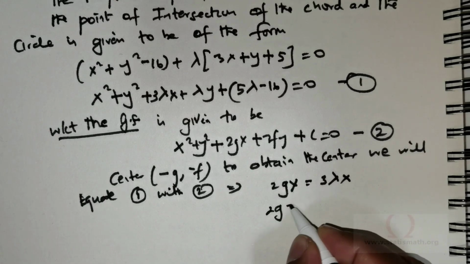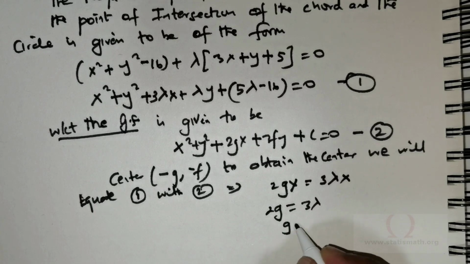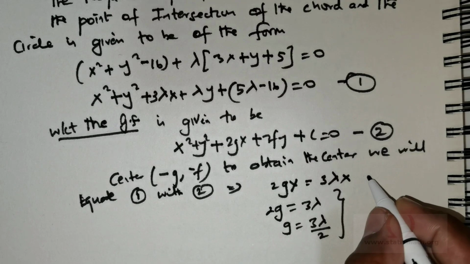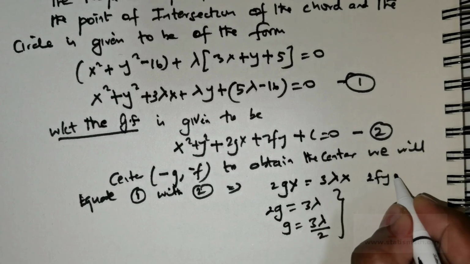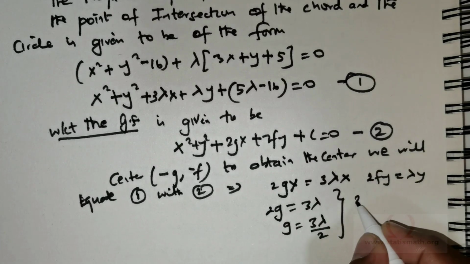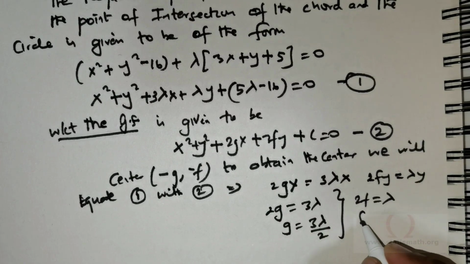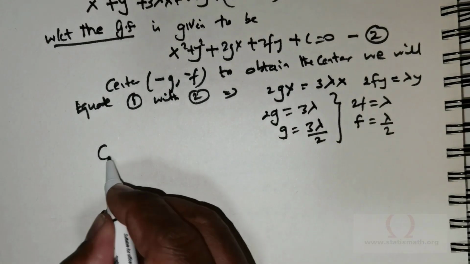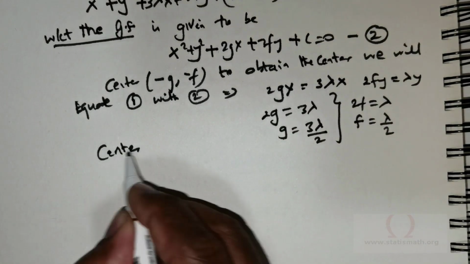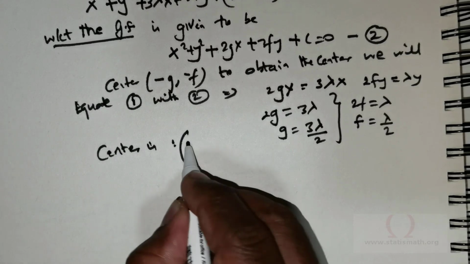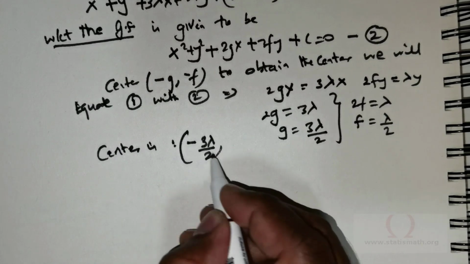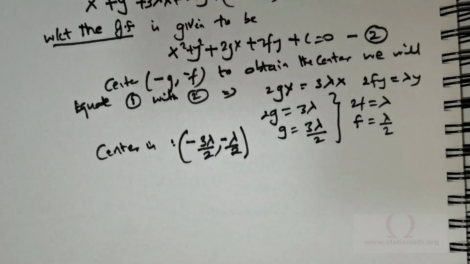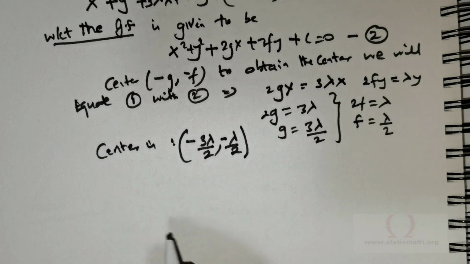So 2g = 3λ and g = 3λ/2, and on the other side 2fy = λy, so 2f = λ and f = λ/2. So the center is (-3λ/2, -λ/2), because it's -g followed by -f. So this is the center.